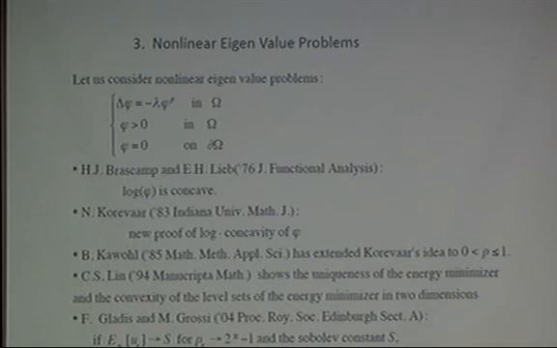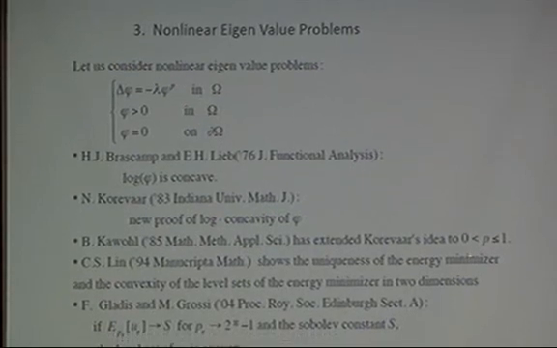That one only works when p is 1, and Korevaar introduced a new proof in '83, and he proved the log concavity when p is 1, and Kawohl extended Korevaar's idea for the sublinear case.